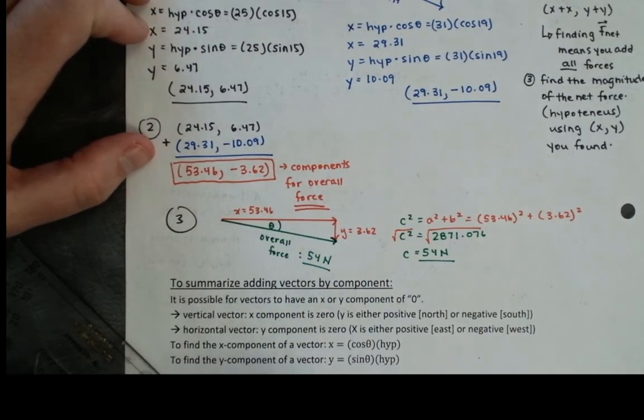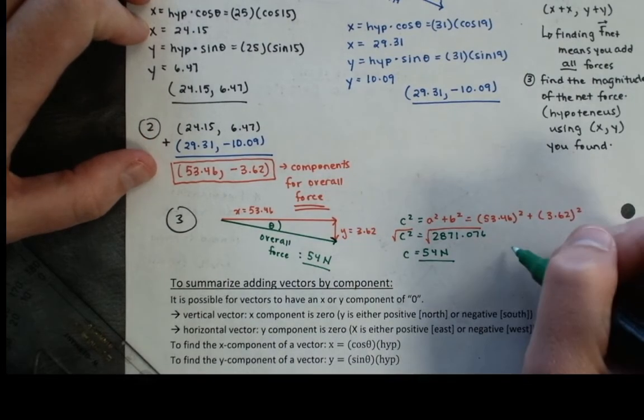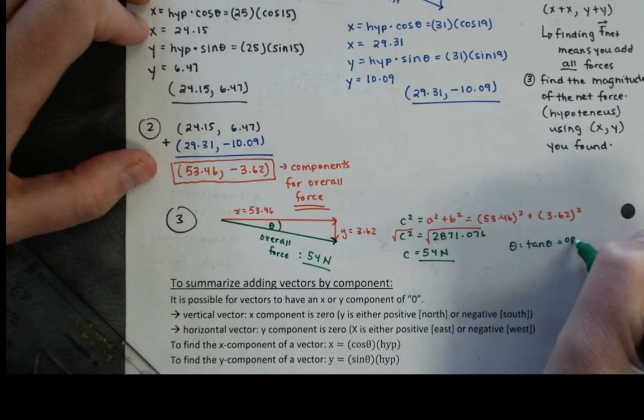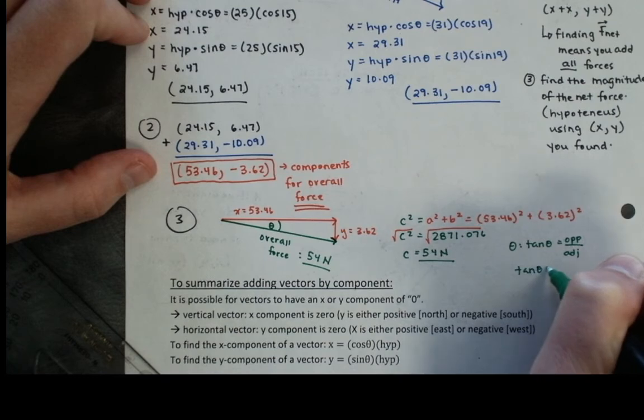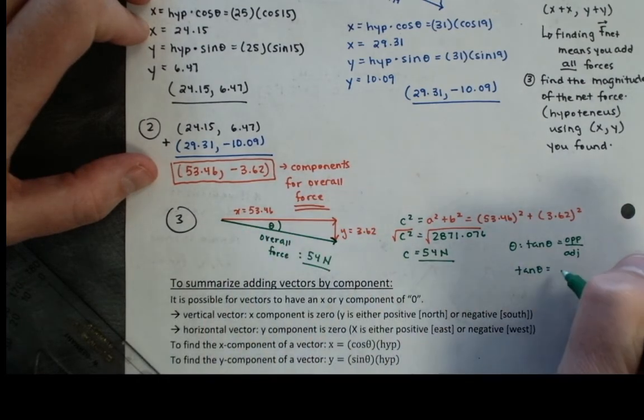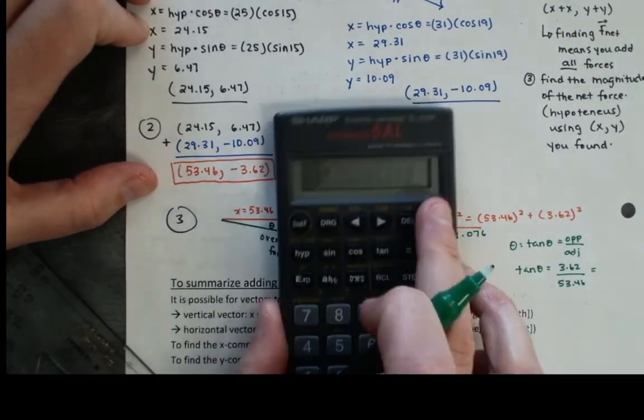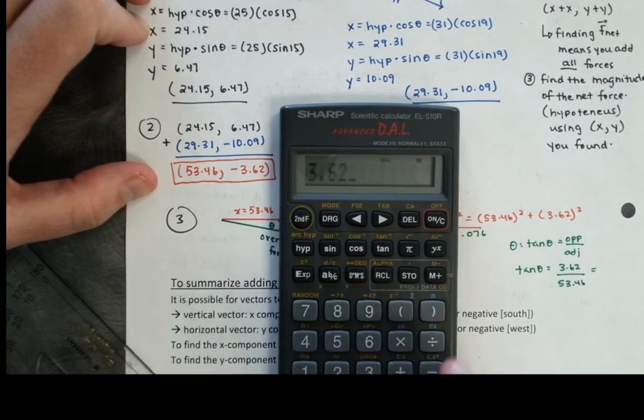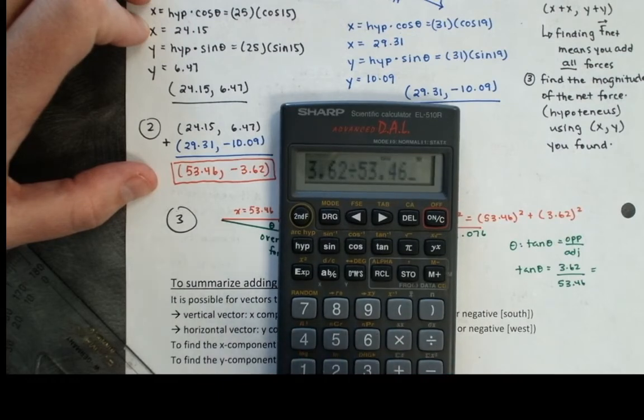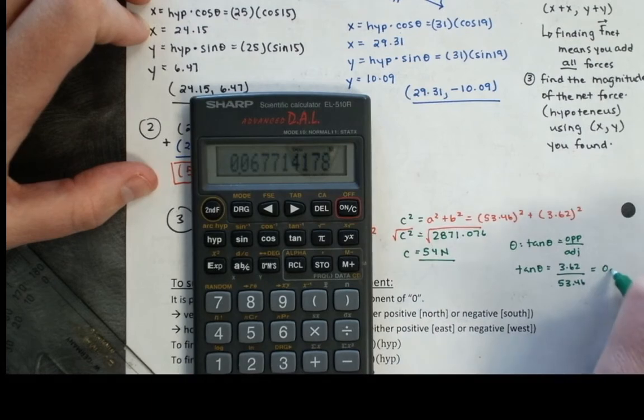Now we found our side, we need to find the angle. Tan theta is opposite over adjacent. Our opposite side is 3.62. Our adjacent is 53.46. 3.62 divided by 53.46 is 0.067, and so on. That's not our angle. That's the tangent of the angle.